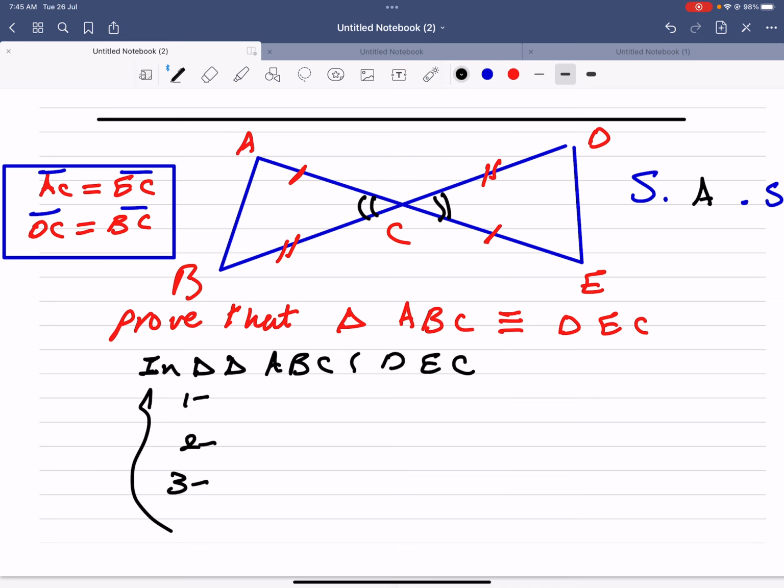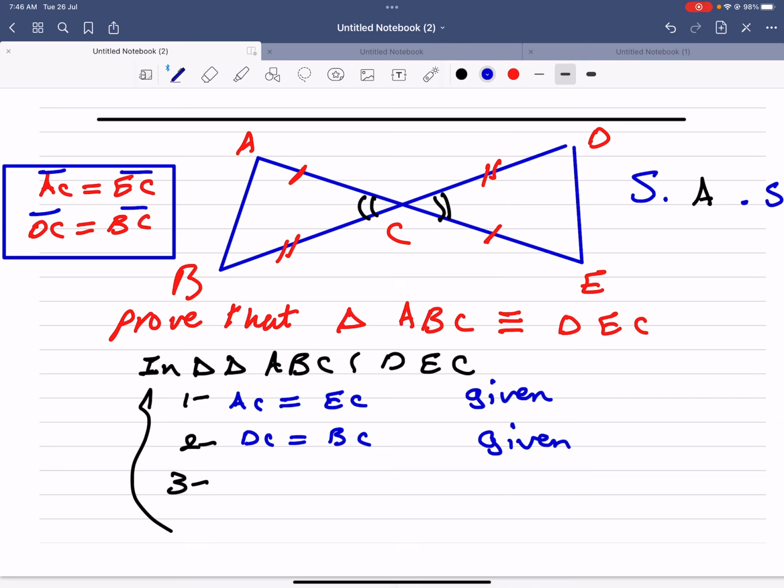Number 1, we have AC equals EC. This is the first, and you can write given here. Number 2, we have DC equals BC, another given. What about the third?